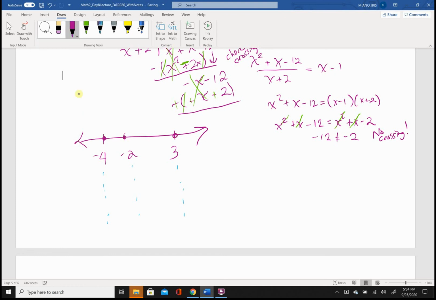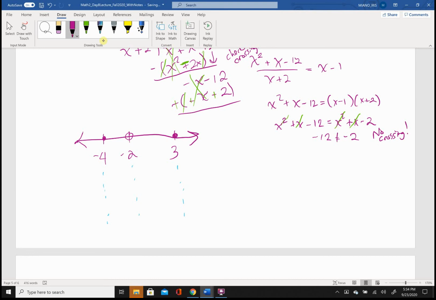You can leave this one open to indicate that it's associated with an asymptote, and these are actual crossings right here. In any event, we just need representative members in these intervals.